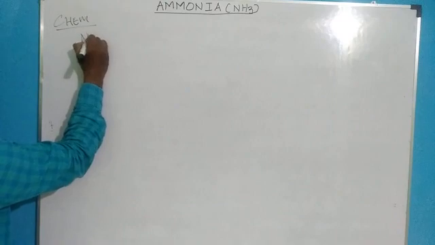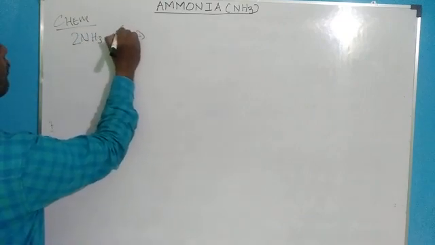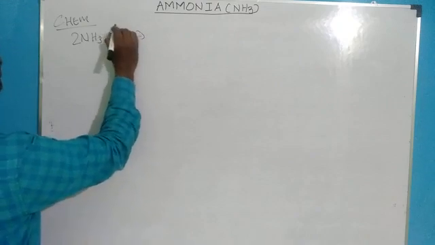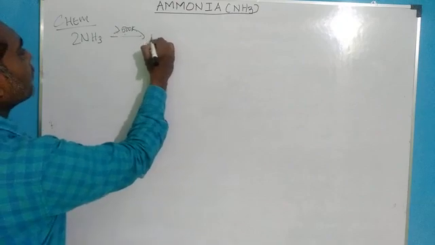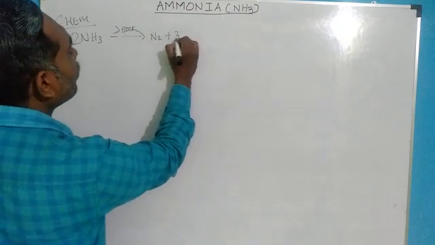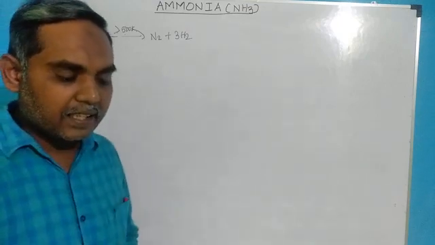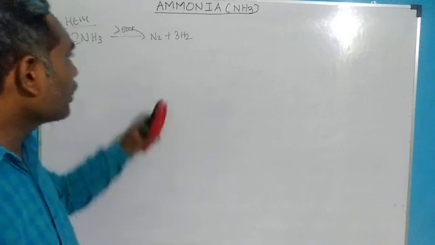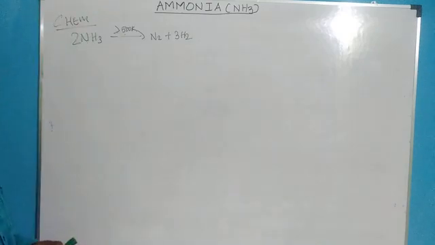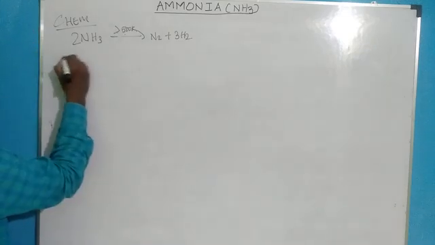When ammonia is heated above 500 Kelvin, we get N2 and 3H2. So at more than 500 degrees, ammonia decomposes into nitrogen and hydrogen.